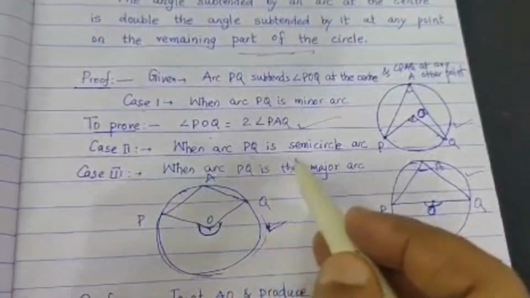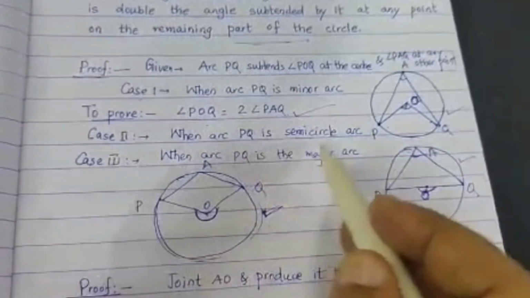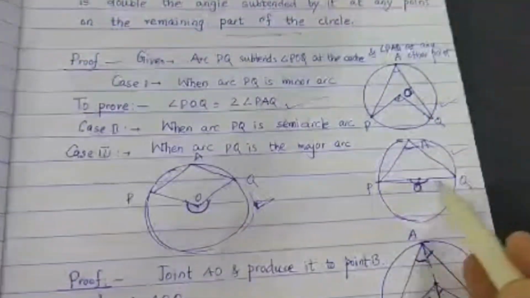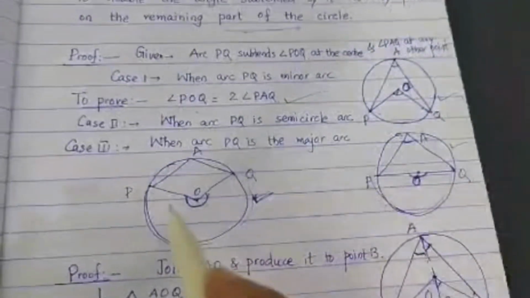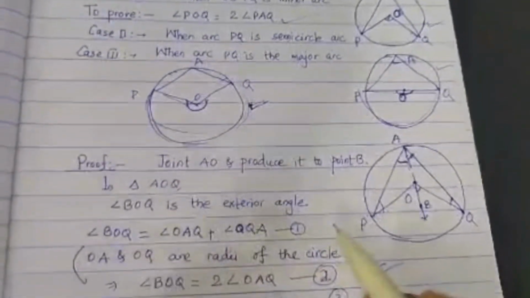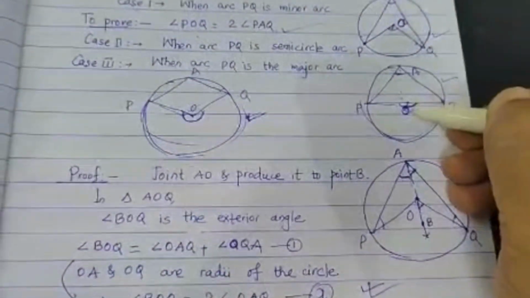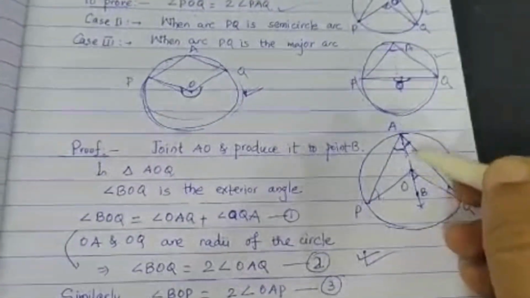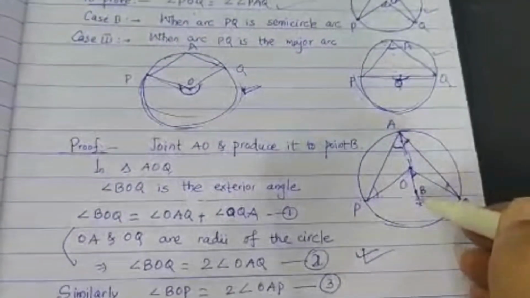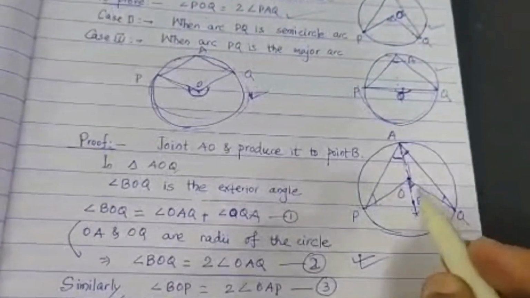First case is when arc PQ is a minor arc, so this figure. Second case, when arc PQ is a semicircle, this one. Third case, when arc PQ is a major arc. In all the 3 cases we will prove it like this. We will join AO, then use the theorems from the chapter on triangles.